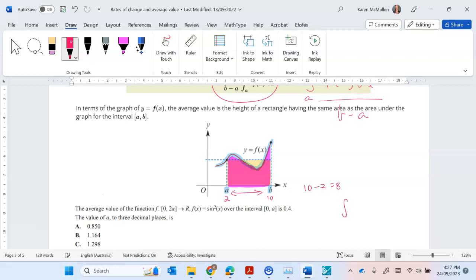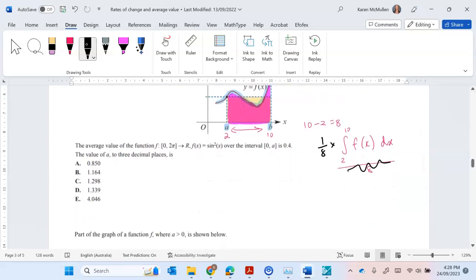So your definite integral from 2 to 10 of f of x dx divided by 8. Now dividing by 8, remember, is the same as multiplying by 1/8. And that's your average value function formula.